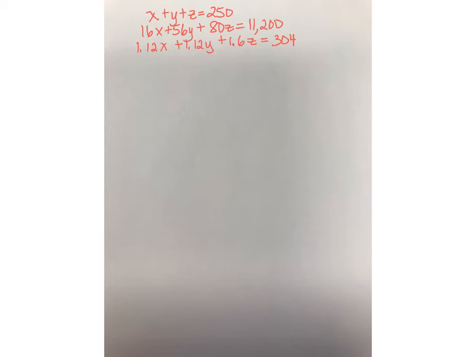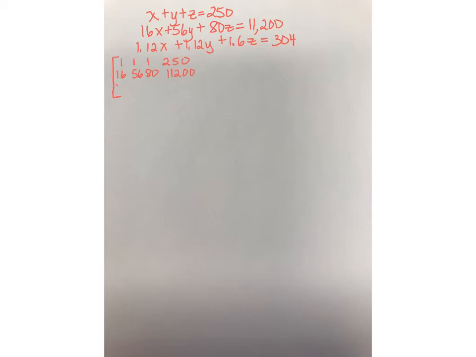So, putting our augmented matrix together, we have the coefficients. We just write down the coefficient rows. And you have 16, 56, 80, and then 11,200.